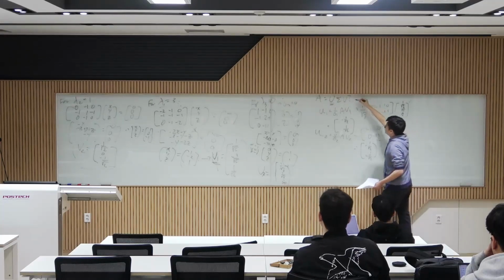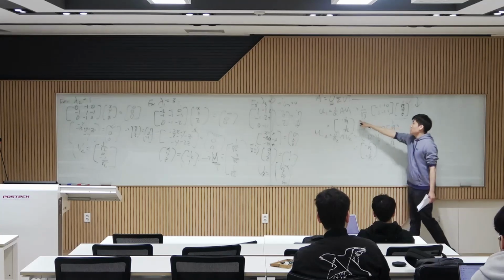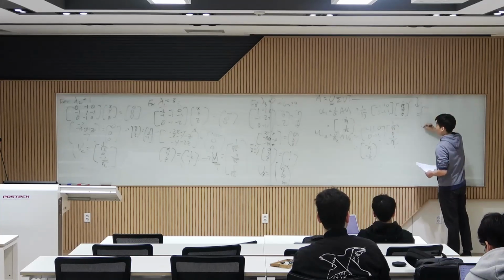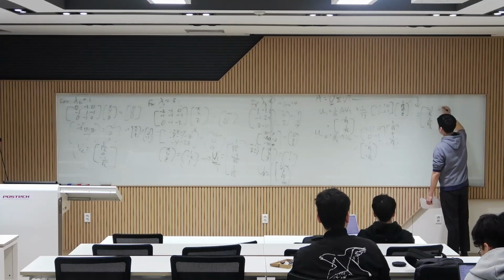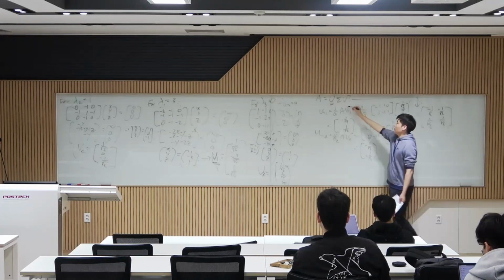Using this equation, we computed the columns of U, and we write them down here. And we find the singular values.